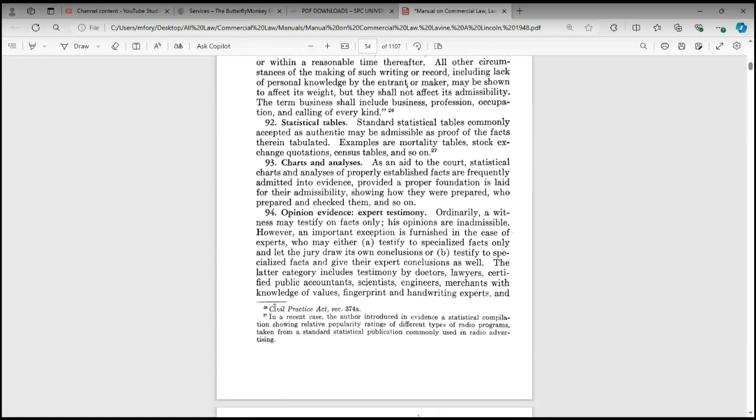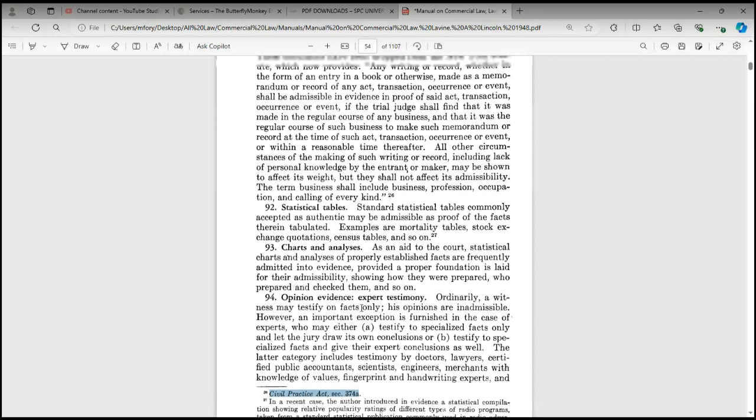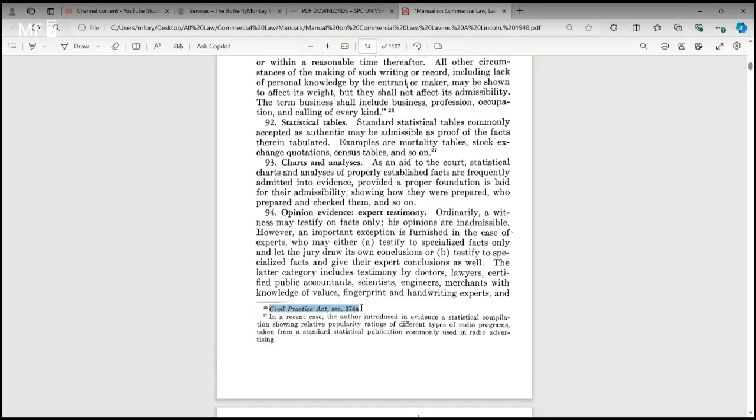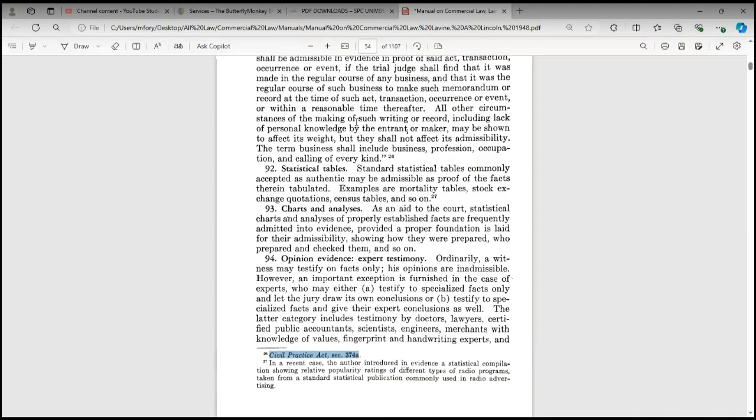And that's under the Civil Practice Act. So it's an act. Especially when they're saying in the course of business. Like, what I'm saying? Everyone has bookkeepers. That's, I don't know.